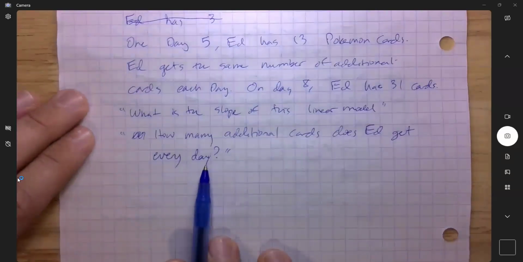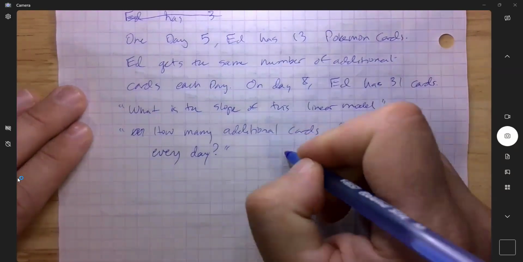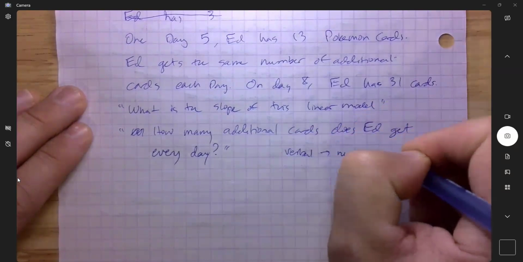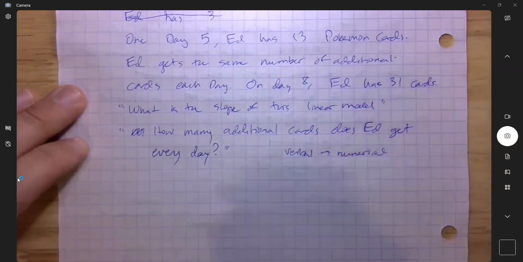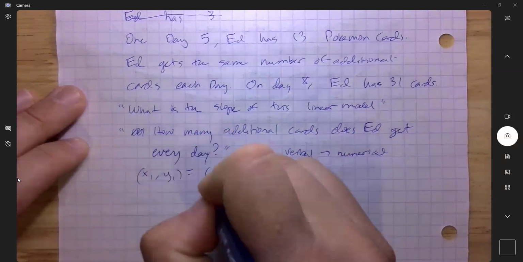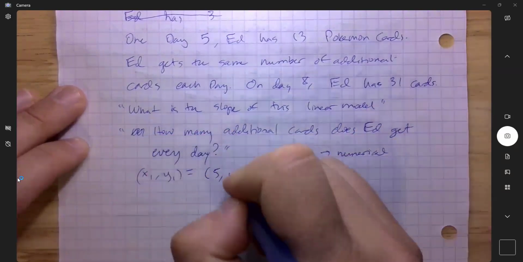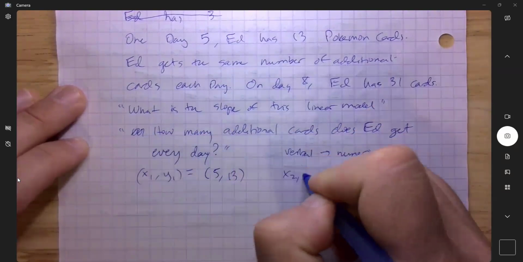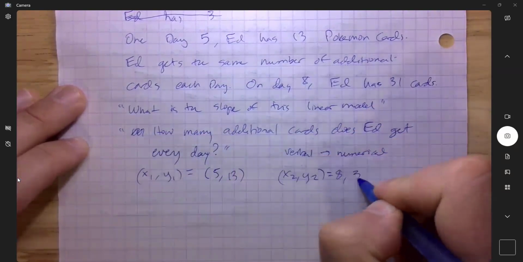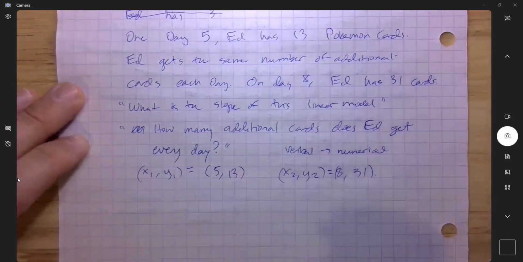So in order to answer this, we're going to convert it from a verbal to a numerical representation by coming up with our 2 points, x1, y1. Well, that was on day 5, that had 13, and x2, y2 was on day 8, and had 31.